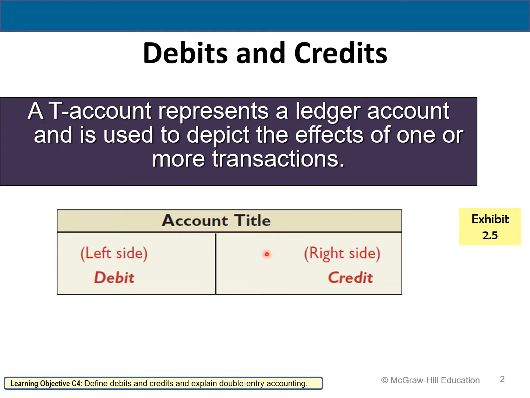Now, a lot of times you'll associate credits maybe with an increase, debits with a decrease. You have a debit card, you have a credit card. All of those have meanings that are confusing if we apply their meaning outside of accounting to this course. So for our purposes, debit means left, credit means right, right? And we need more information to really attach any additional meaning to that.